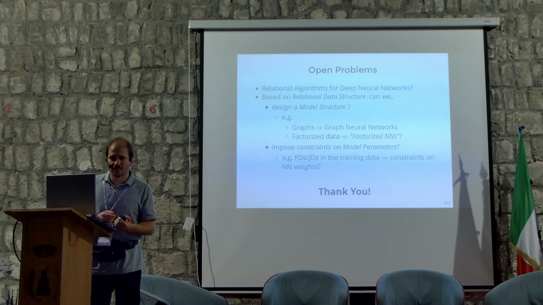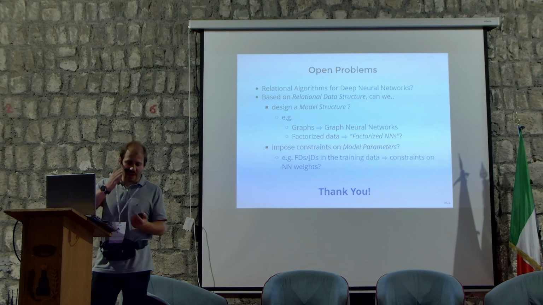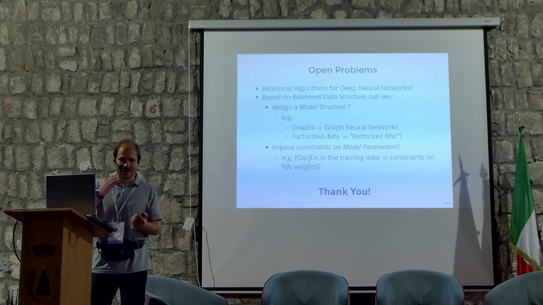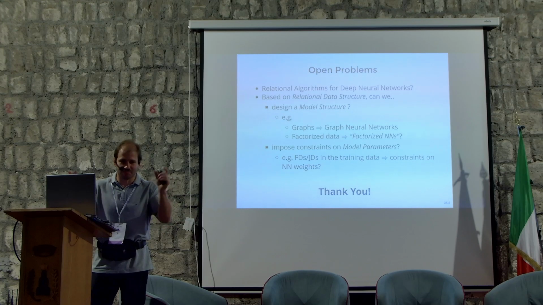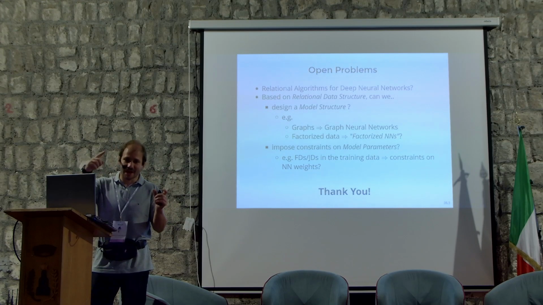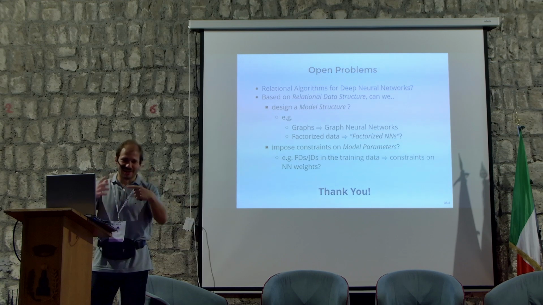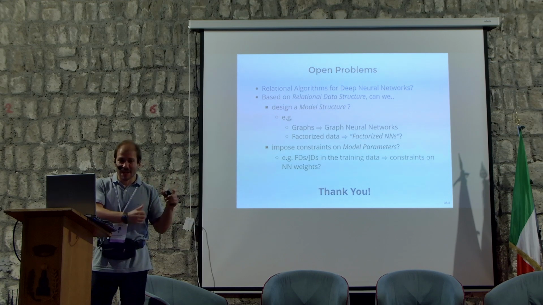Yeah, we basically can dissect the network layer by layer. Now, the first layer, in some sense, still sees the relational structure. Imagine in the simplest example that our training data is just a cross product, or a Cartesian product, of two different relations. Now, the first layer can still see this. But the first layer is already mixing combinations of those input rows, and it's applying some nonlinear function on them.